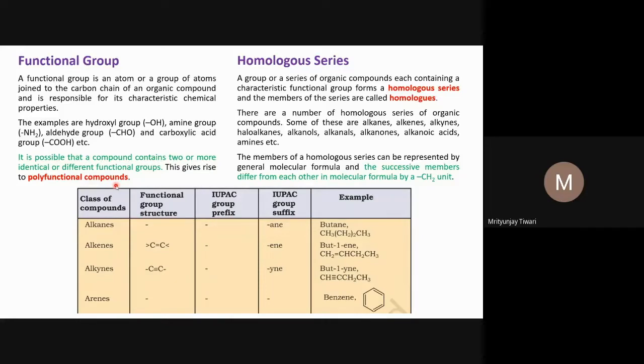So which functional group will determine the chemical property of that compound? It depends on which functional group is more reactive, because functional groups are the reactive part of the molecules, and that part will mostly take part in the chemical reaction.